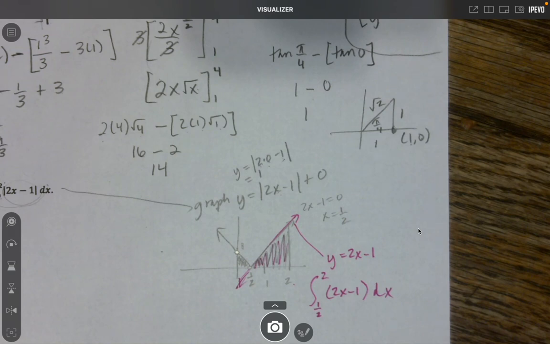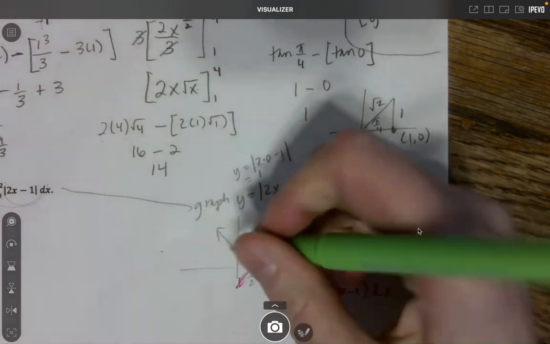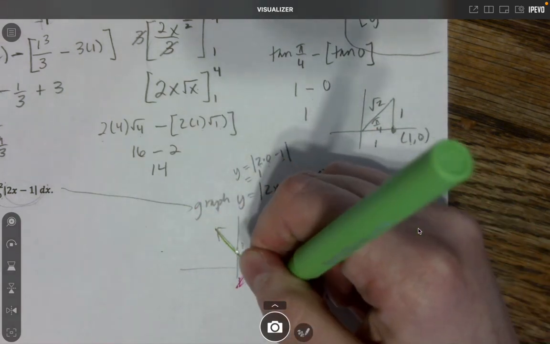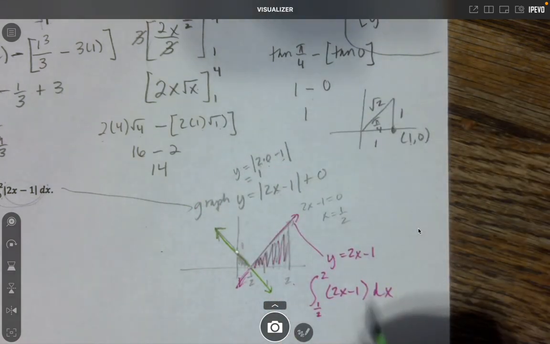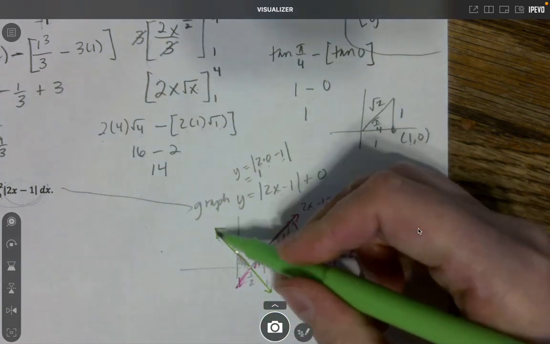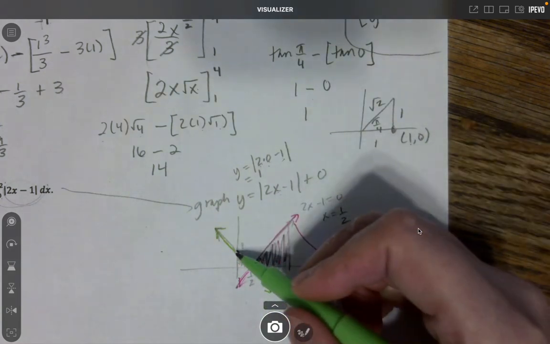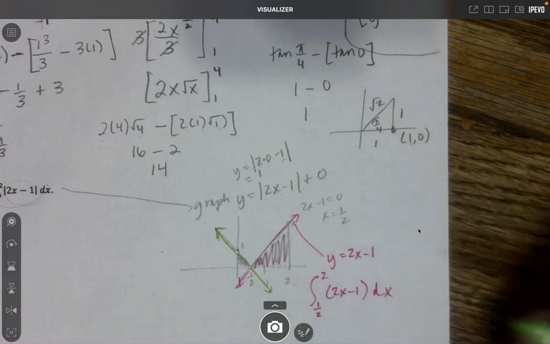But then how do we get to that other part of our line? So here is my other line. I've got this green line right here. This one is the same line, but it's going down instead. So it's starting here at a positive 1, and my slope is down instead.